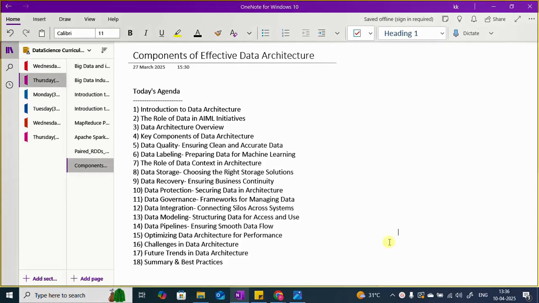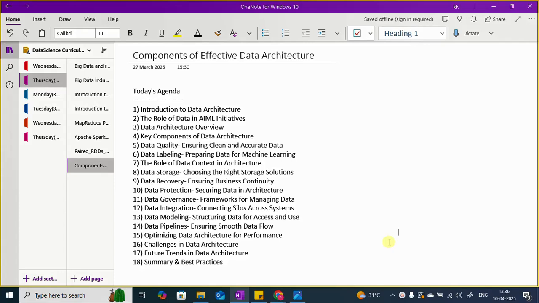So today's topic is components of effective data architecture. As part of today's agenda, we are going to discuss an introduction to data architecture, the role of data in AI/ML initiatives, a data architecture overview, and key components of data architecture.